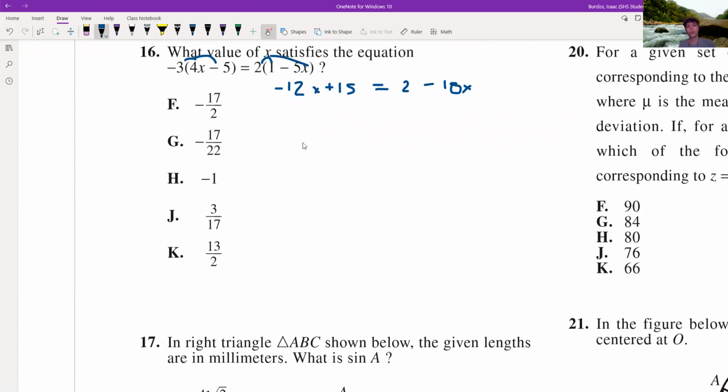And negative times negative is positive. That is not 18, that is 10, just terrible 10. All right, we want the x's on the same side, so we can add 12x. That would give us 2x plus 2, rearranging things. Then you subtract 2, so 2x equals 13. And then divide by 2, and so the answer is 13 over 2, 13 halves.